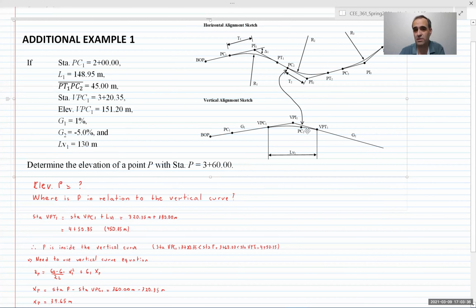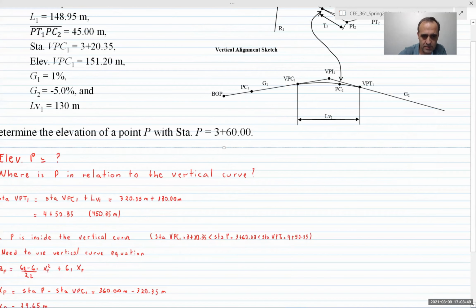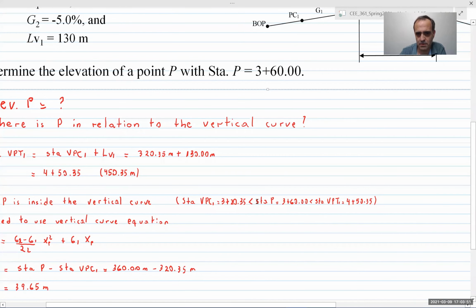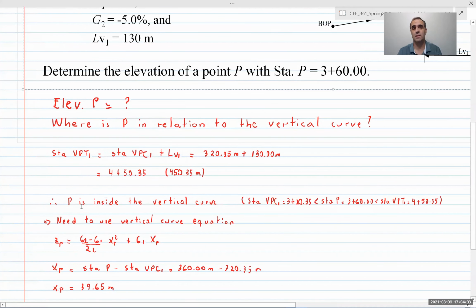And the reason I know that's true is because when you look at the station of P, 360, that station, which I wrote here, falls between the beginning of the curve, that's given, and the end of the curve, which we just computed here. Okay, so because of that, I can say that P is inside that vertical curve.